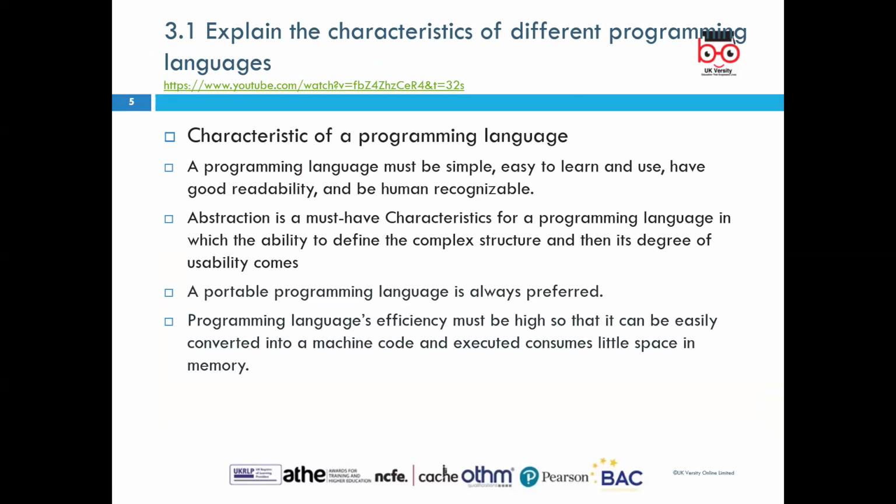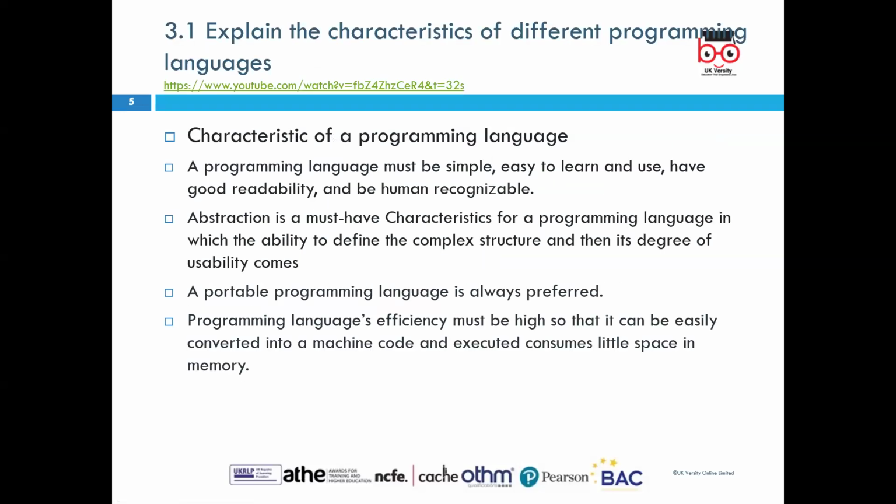We've explained that each programming language has abstraction, which is a must-have characteristic for programming languages, meaning the ability to define complex structures, and then its degree of usability comes. So we know that programming languages work with objects and functions.